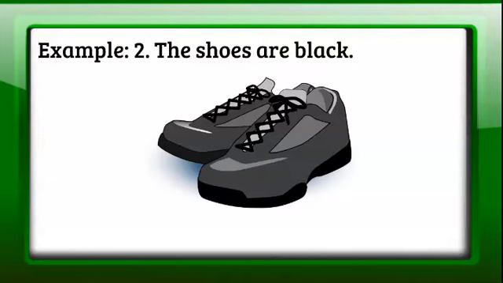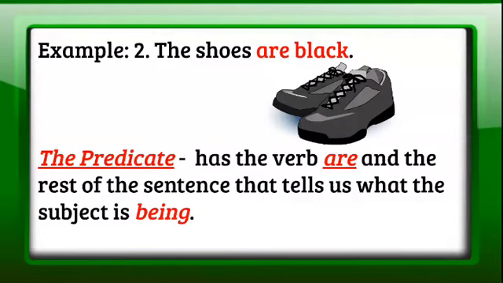Our second example, sentence number 2. The shoes are black. So the predicate again has the verb are and the rest of the sentence that tells us what the subject is being. So our predicate here are the words are black.